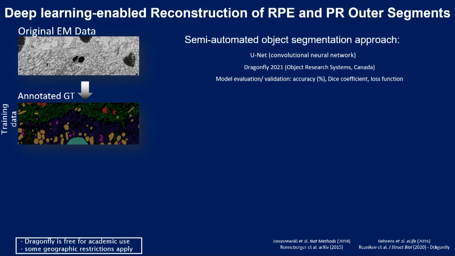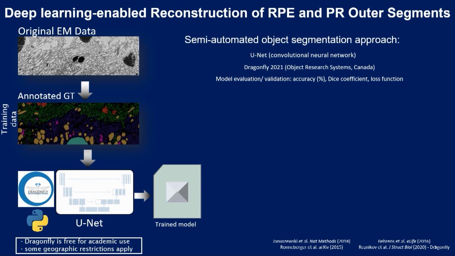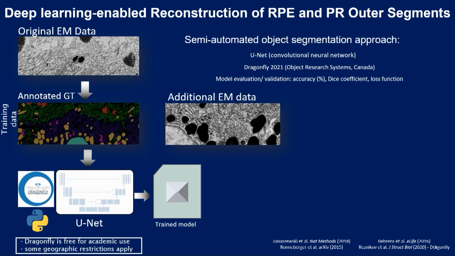So ORS did this the first time for all volume, and it was a fairly 12 class, I think, UNet model. But basically, we used the annotated ground truth to train this model, and if necessary, add additional data to increase the power of the model until we got a satisfactory result.